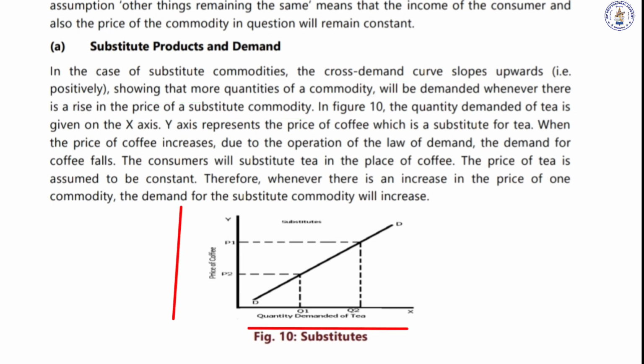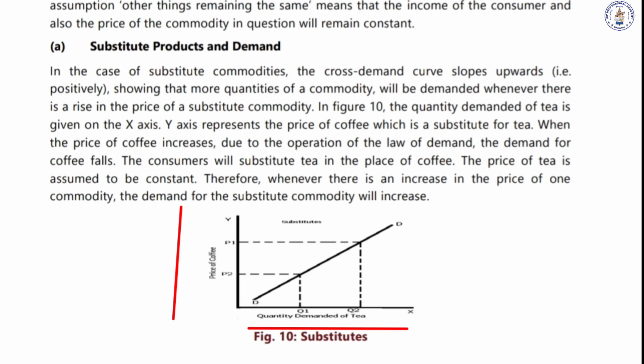On the x-axis you have the quantity of tea purchased. On the y-axis you have the price of coffee. When the price of coffee was OP, the quantity demanded for tea was OQ1.